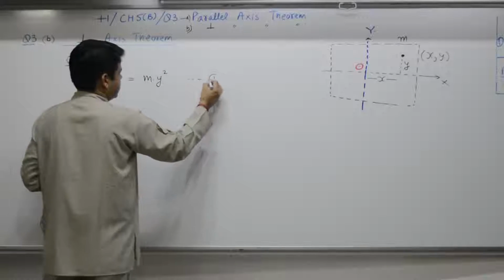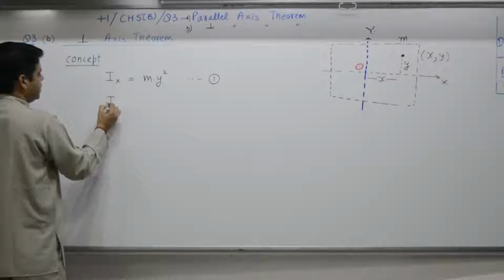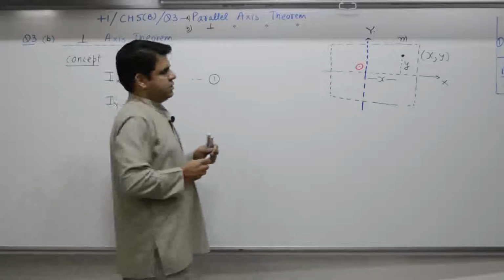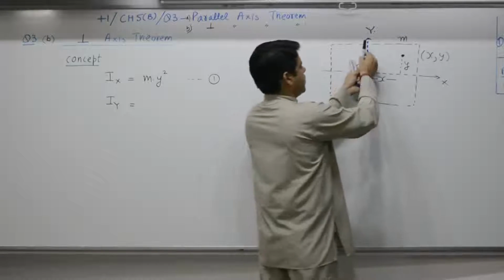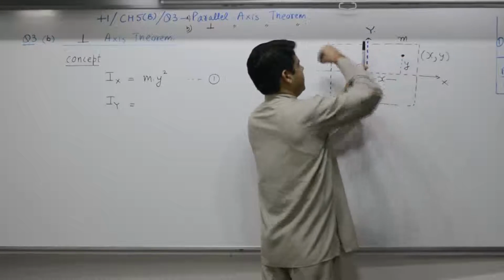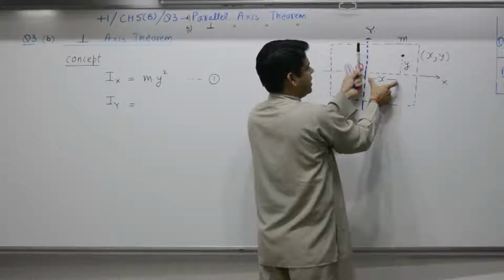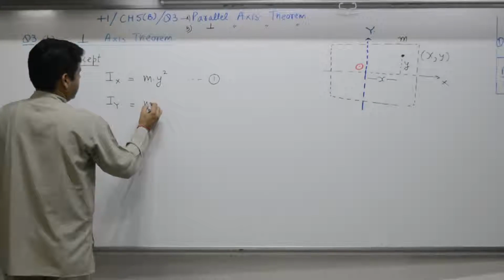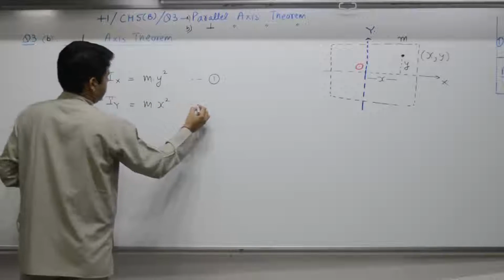This is one equation. Moment of inertia about the y-axis, same particle. When you rotate it about the y-axis, this distance is equal to what? x. So it is mx square.